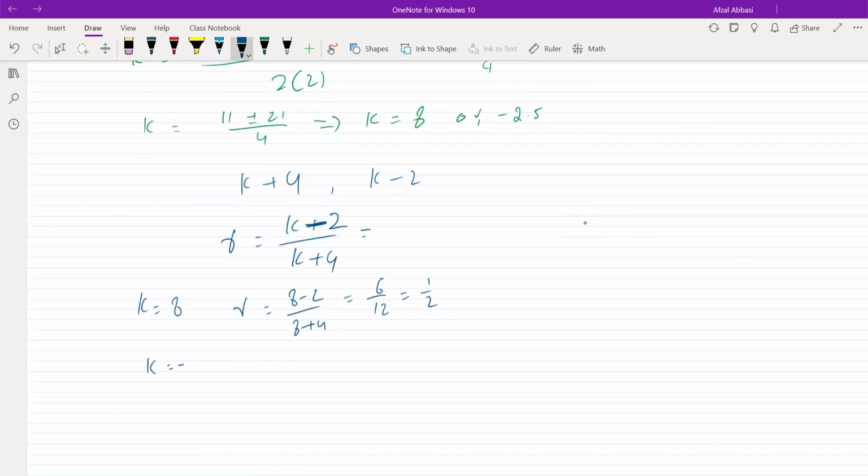And if k is negative 2.5, then r will be negative 2.5 minus 2 over negative 2.5 plus 4, which gives me negative 4.5 over 1.5, which is negative 3.